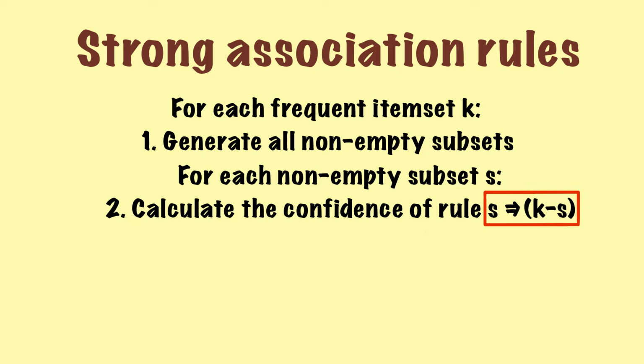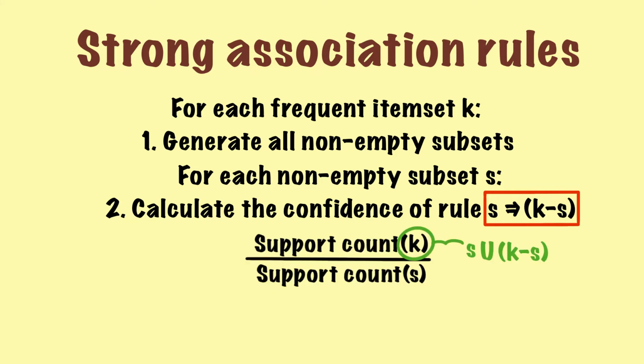One thing that might be confusing is that the right-hand side is K minus S, not K. It's because we interpret the confidence like the left-hand side implies the right-hand side. It's meaningless for an item to imply itself, so we remove the item from the right-hand side.